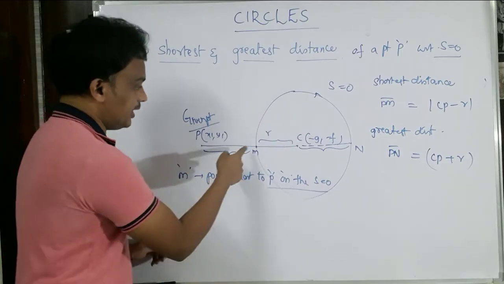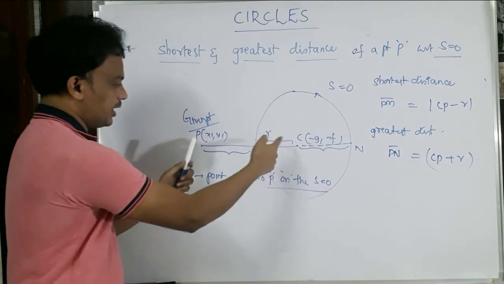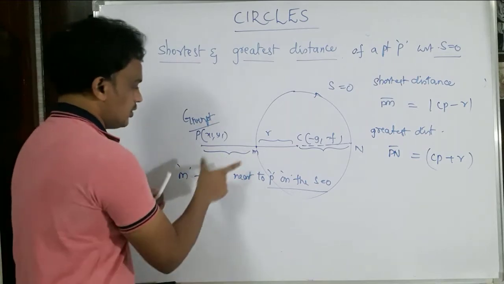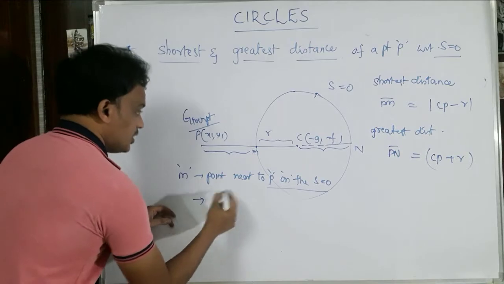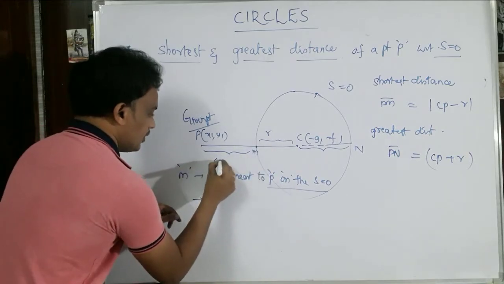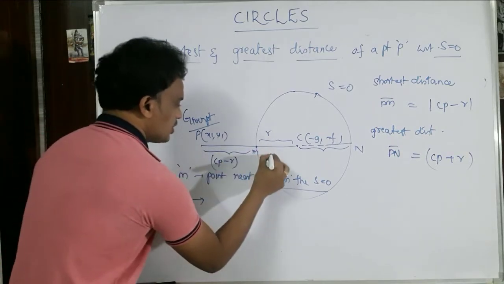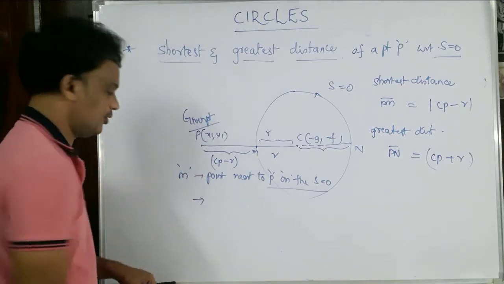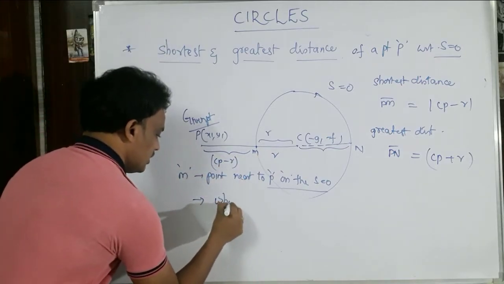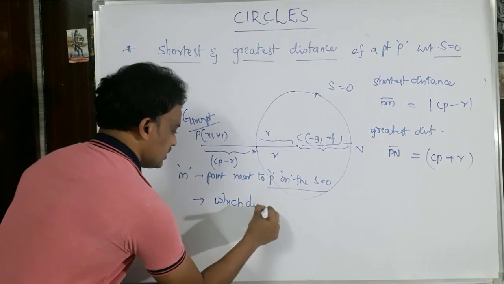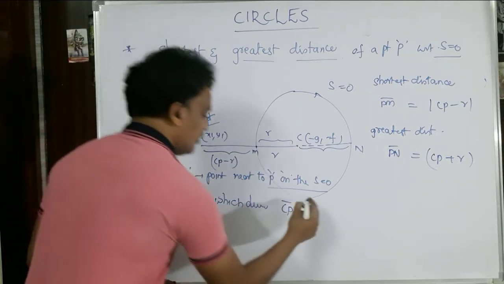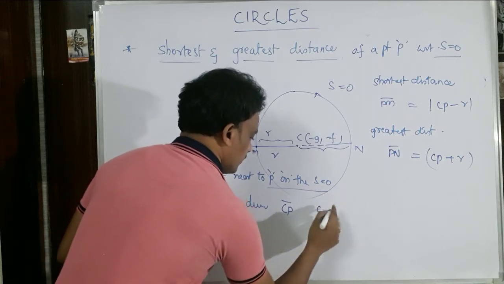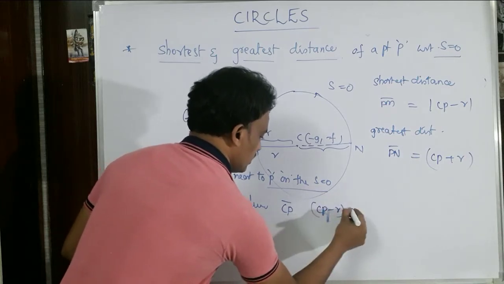The point M divides CP in the ratio of CP minus R is to R internally. Am I right? So by using the section formula I can get the point M, right or not? The point M which divides CP in the ratio of CP minus R is to R internally.